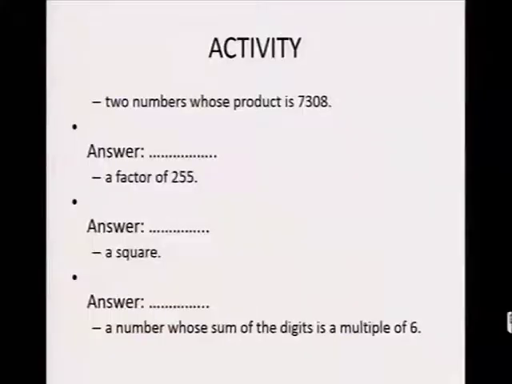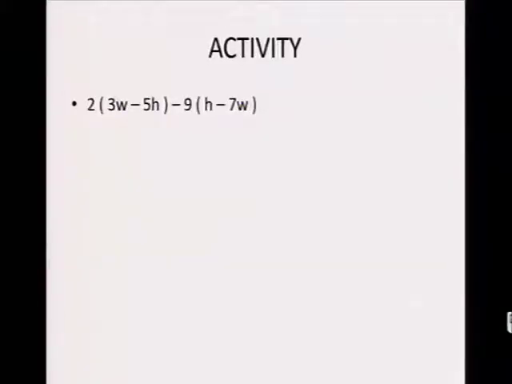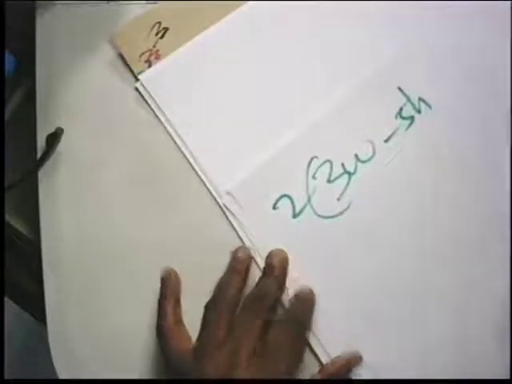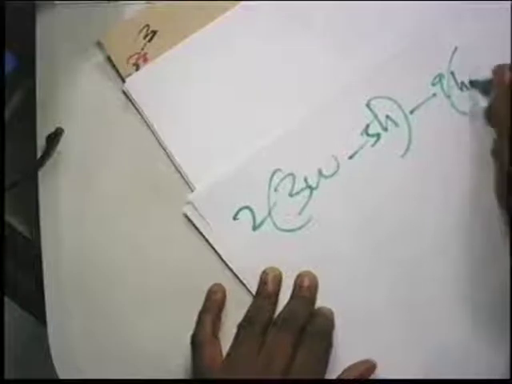Look at this one. Find the two numbers whose product is 7308. That is, when you multiply, it gives you an answer. Look at this one. If we are to factorize this now, from mathematics 3, we have 2 into bracket 3w minus 5h, in bracket again minus 9 bracket h minus 7w.